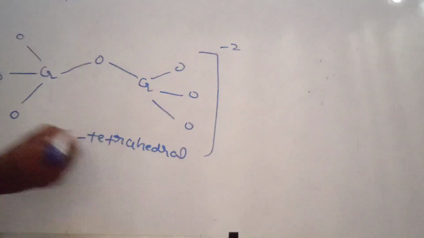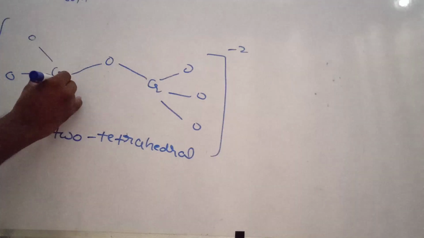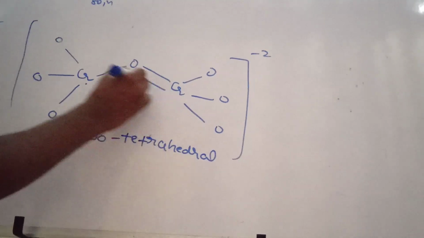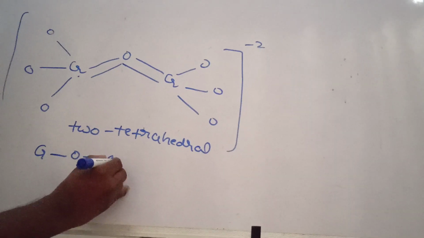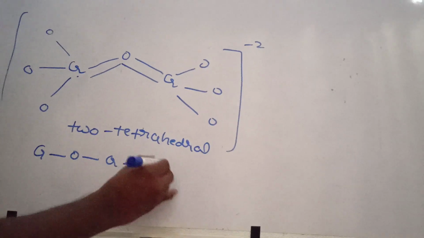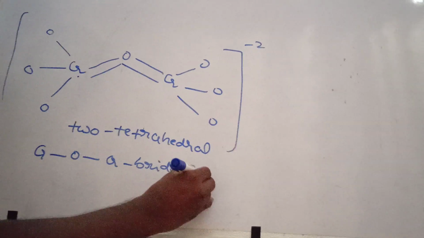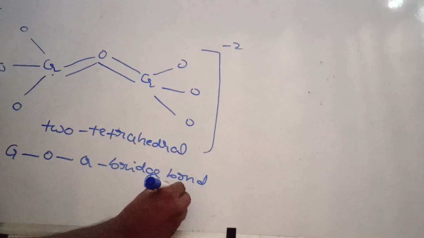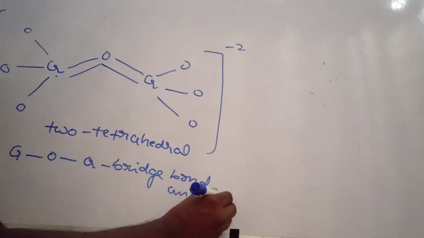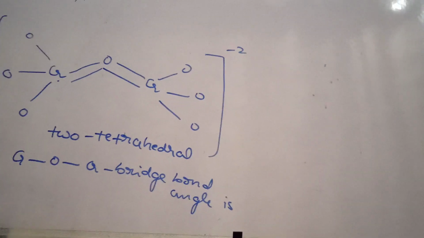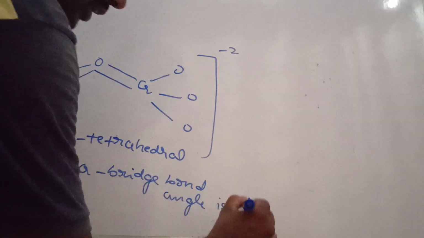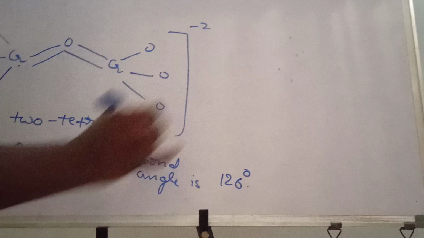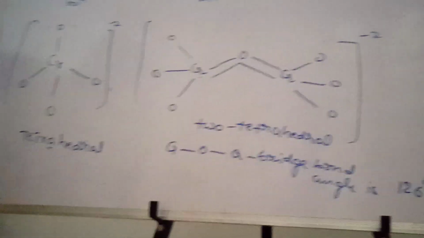Here Cr bond O Cr bridge, Cr bond O Cr bridge, the bridge bond angle is 126 degrees. These are the two structures.